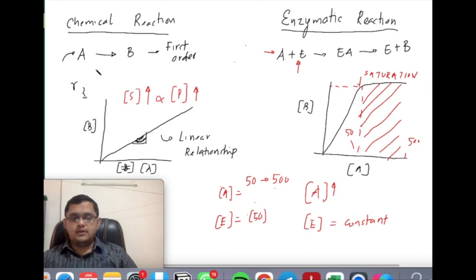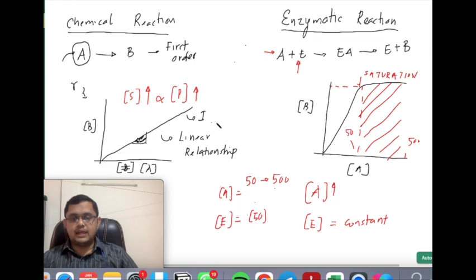Why? Because the only variable that affects the conversion to B is the concentration of A, provided no other factors are influencing. According to the example, there is no other factor influencing. So this is first order, the entire reaction is first order.